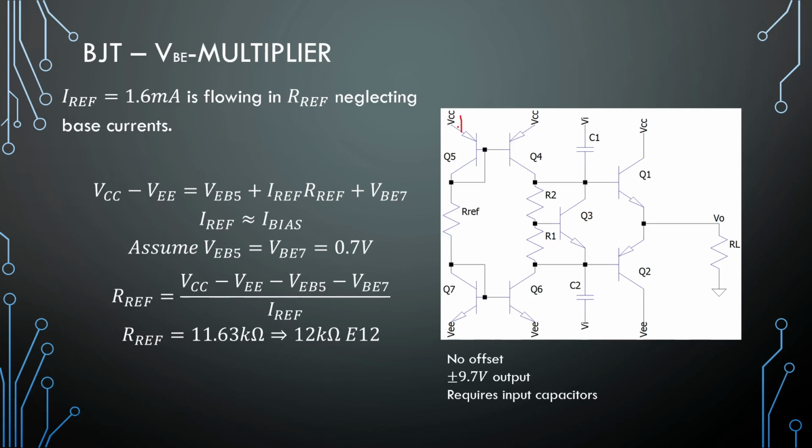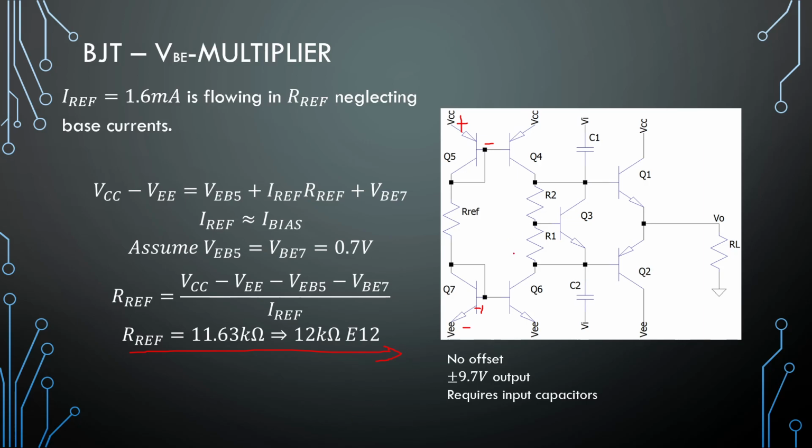So again, just two current sources, so VCC minus VEE and 2 times a transistor on voltage divided by our reference current will give us our reference resistor right here, and that calculates at 12 kilo ohms.